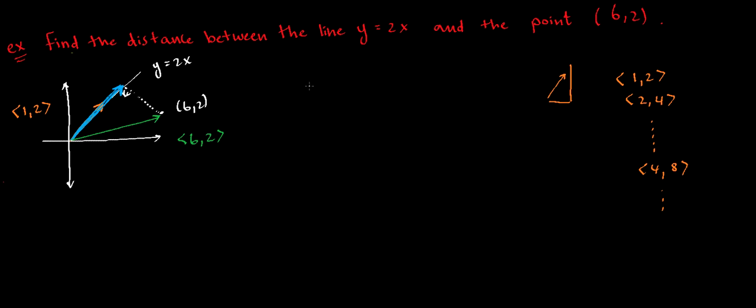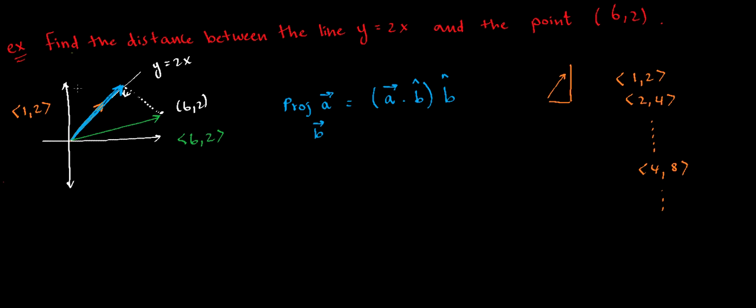And let me remind you of the formula for vector projection. So if I want to project vector A onto vector B, this is going to be A dotted with B hat, all multiplied by B hat.